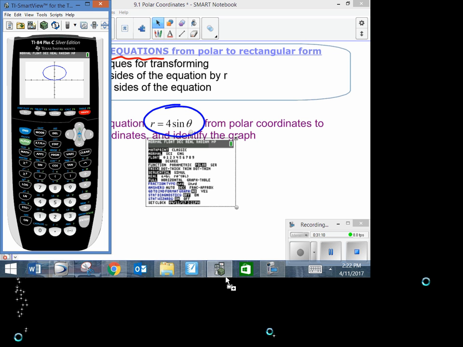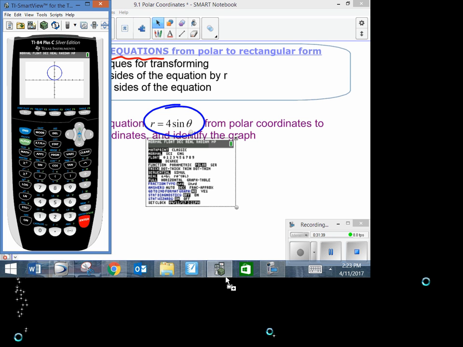It's a circle. It doesn't really look circular because remember our grid there is not square, it's rectangular. If you want to make it look circular, go to your window and hit zoom and go to square, Z square, number 5.